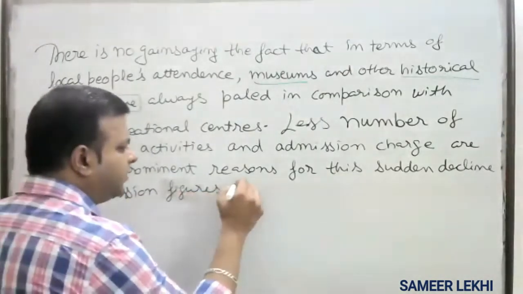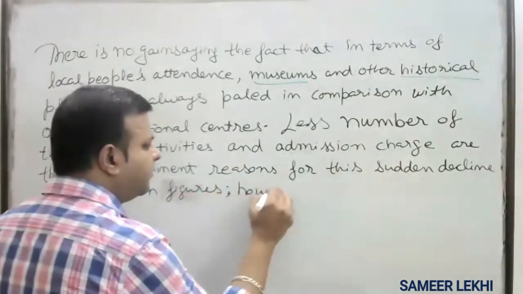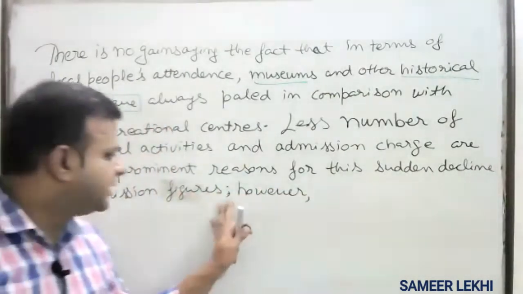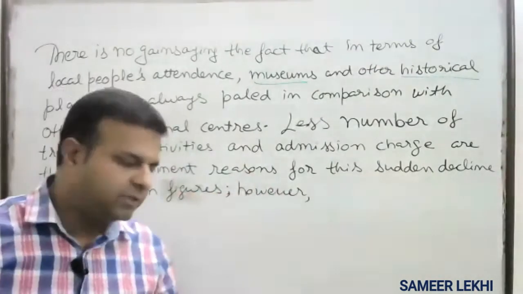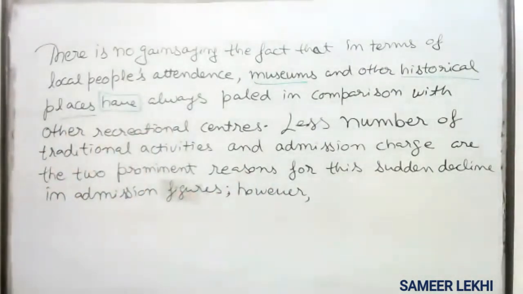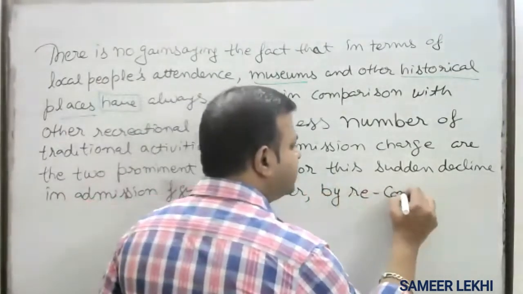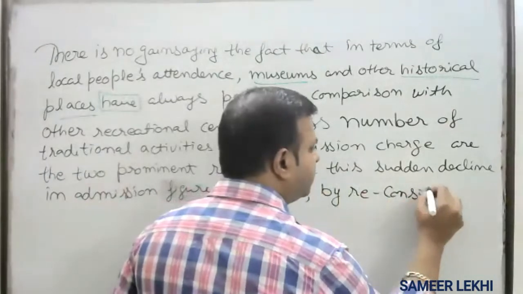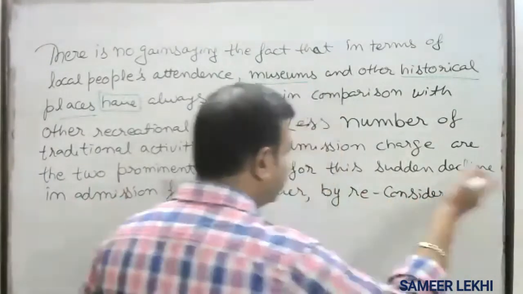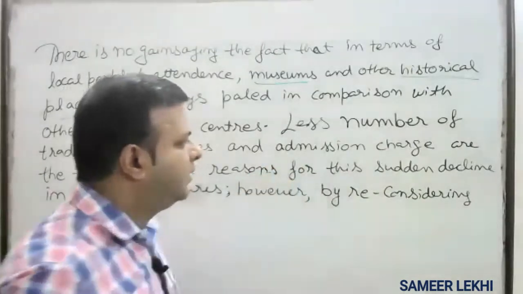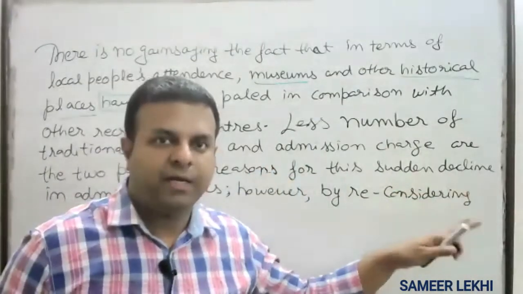Now, however, semicolon. However, before the semicolon, we need to have a complete sentence, right? So, however, contradiction, however, by reconsidering. Obviously, whatever the reason is going to be, your solution has to match the same thing.